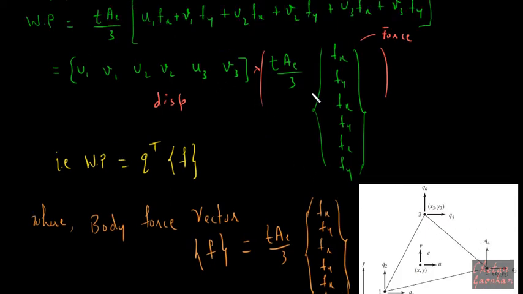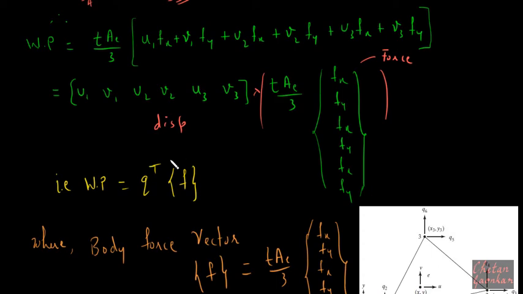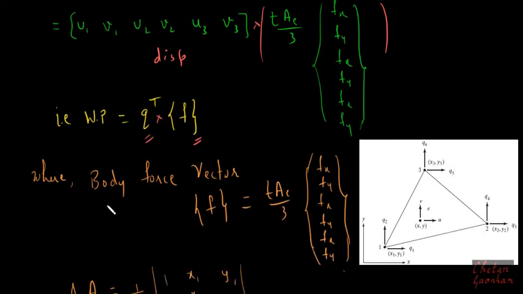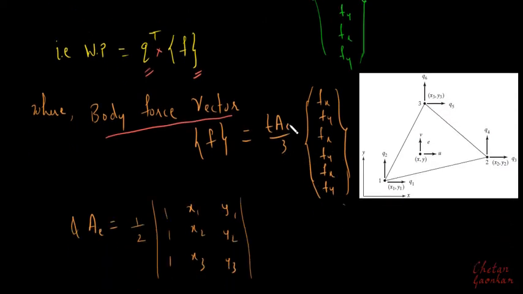So if I further try to simplify this, I can write this work potential as the field variable times the force terms, and then the body force vectors can be further written as these terms, where A can be very well written in terms of this, which we are all aware of.